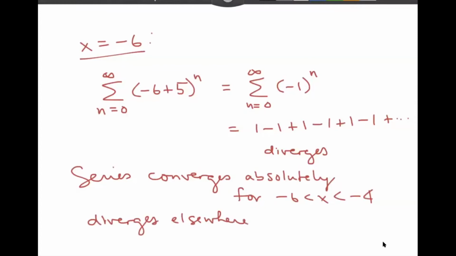Okay, so one way to specify the elsewhere, just in case they ask, remember I got this inequality originally from absolute value x plus 5 is less than 1. So you could just say absolute value x plus 5 is greater than or equal to 1.